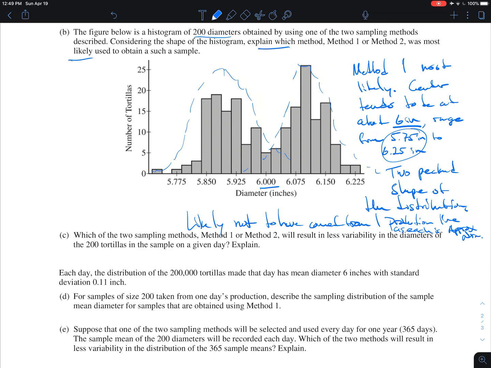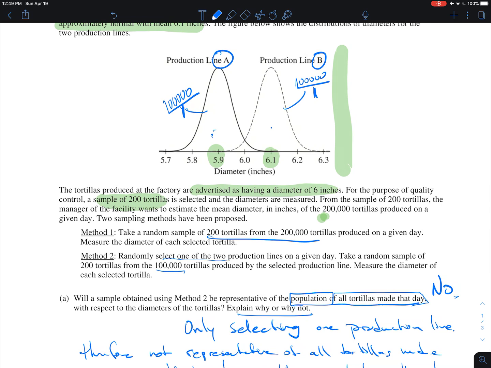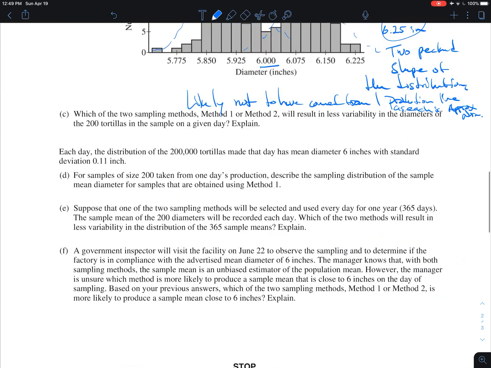It's not approximately normal, where if you were to have used method 2, you would likely have gotten something that looked like a histogram just around 6.1 or similarly just around 5.9. So however you want to say that.